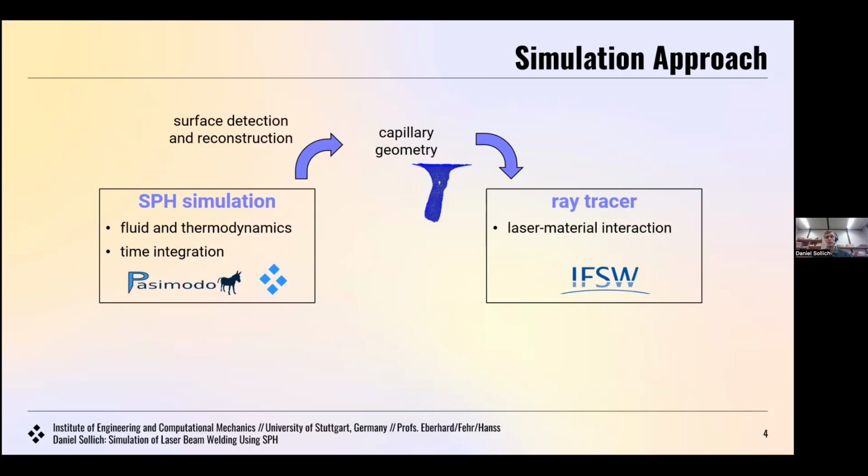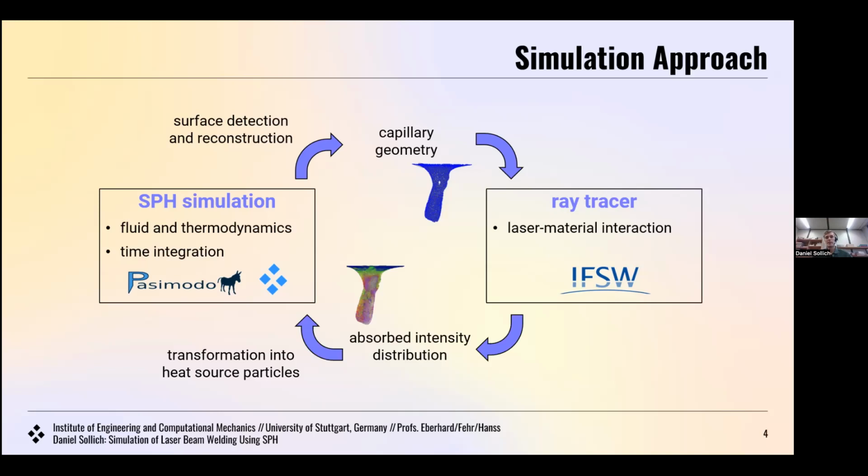Then we reconstruct the surface capillary and send this as an input to the ray tracer. The ray tracer then calculates the absorbed intensity distribution on the material surface and sends this back to the SPH simulation, where the intensities get transformed into local heat source particles.